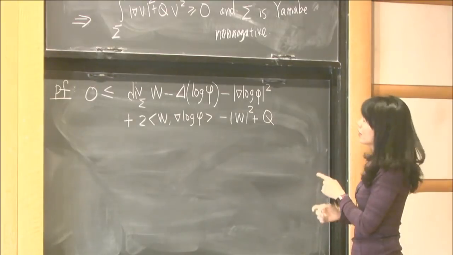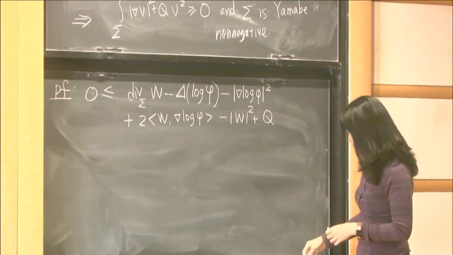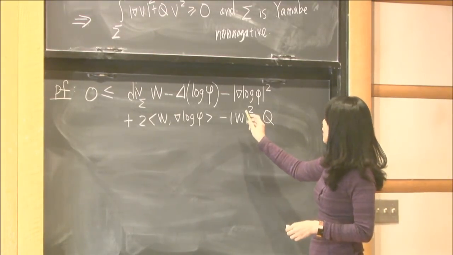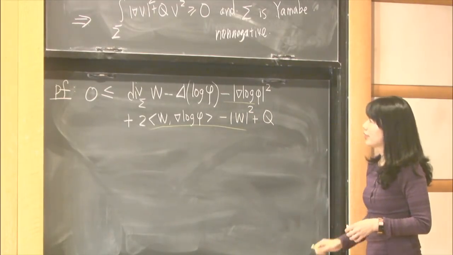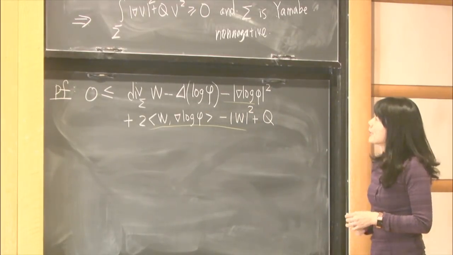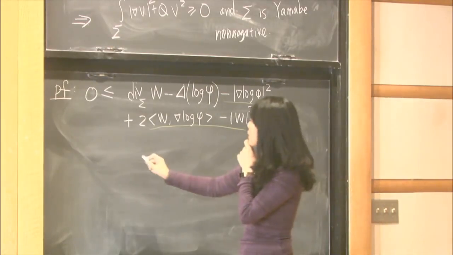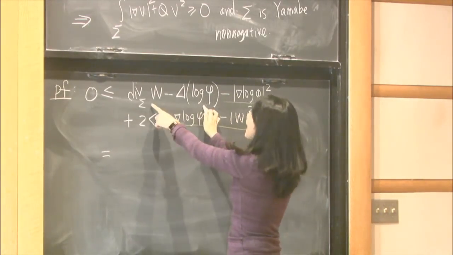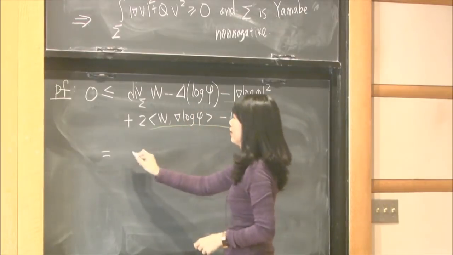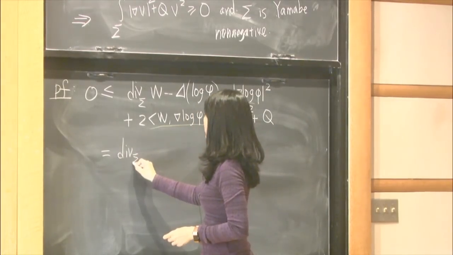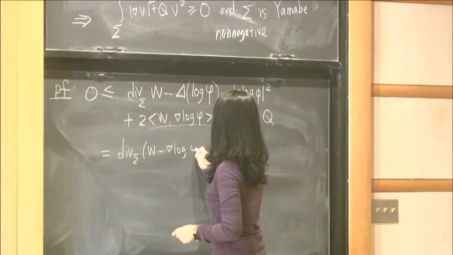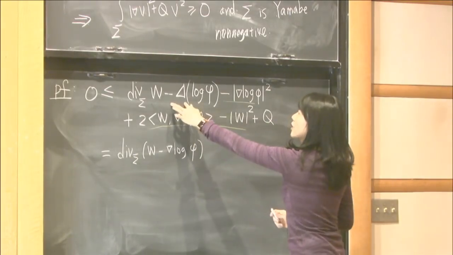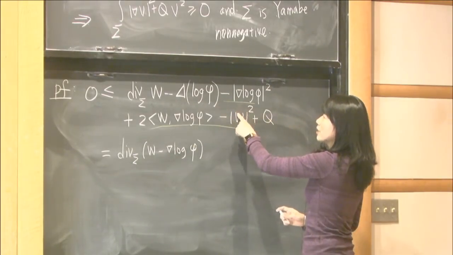And I think there's really some miracle in this inequality. So you see, you can complete the square of this term, right? And so you get, also I combine both their divergence. So this is combining these two terms, and then complete the square.